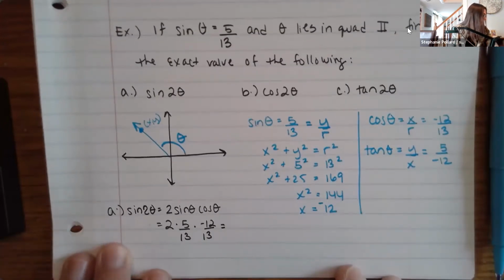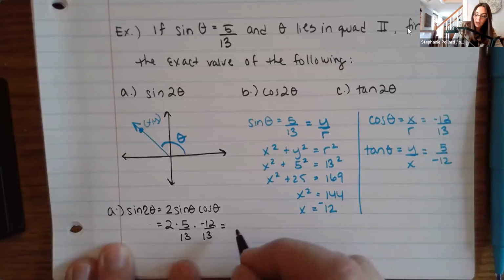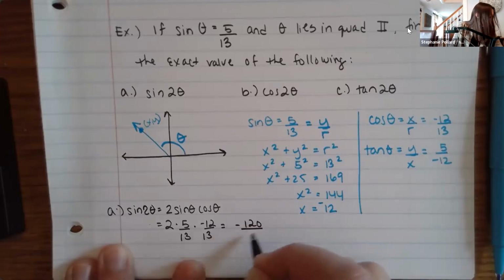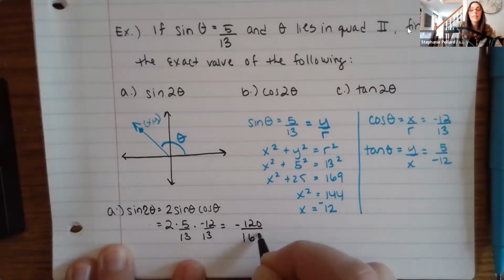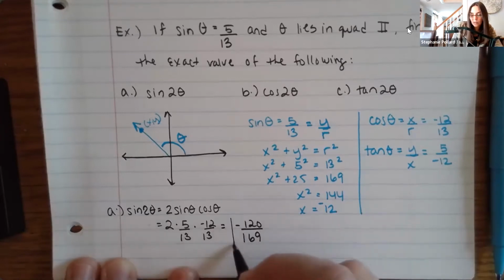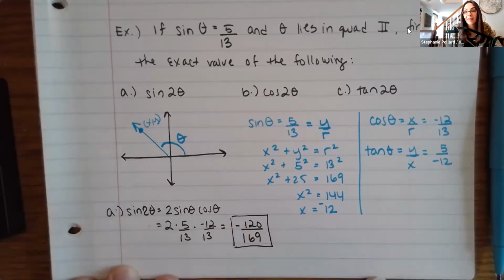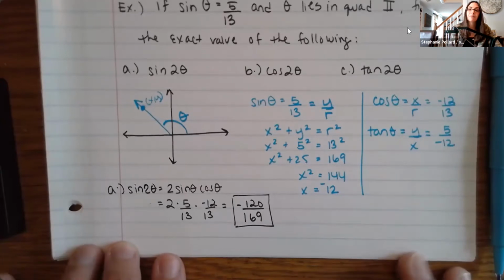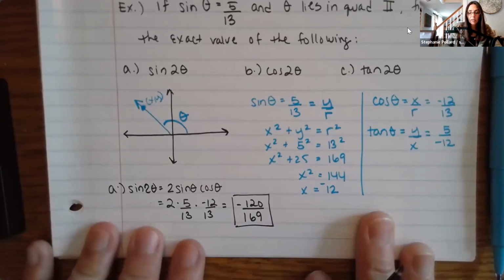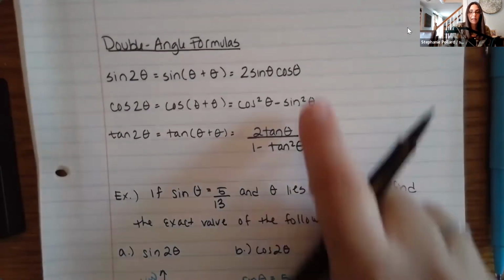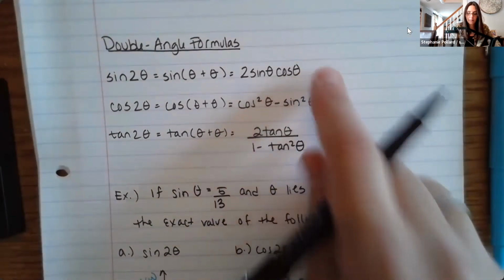And when I go ahead and multiply these all through, I have negative 120 over 169. And this fraction happens to be simplified. I can't do anything else with it. Of course, I would love to simplify that if I can, but I can't. And I'm just using my formula up top here. So I'm just taking this formula right here.